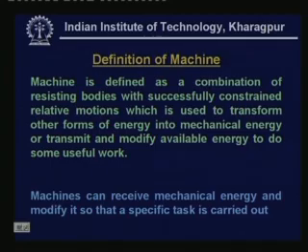So, you see that the machine definition lies in the fact that, in general, we are getting some sort of energy at the input device, and then we are getting some useful mechanical work.